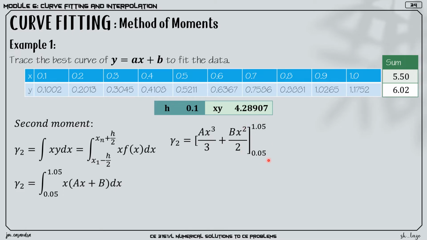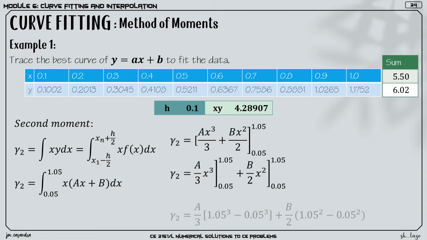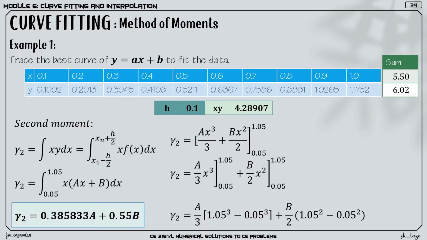We can distribute our limit to each term, and from there, we can now substitute our limit to the value of x in the equation, which will give us a over 3 times 1.05 cubed minus 0.05 cubed plus b over 2 times 1.05 squared minus 0.05 squared, giving us the theoretical moment gamma sub 2 equal to 0.385a plus 0.55b.